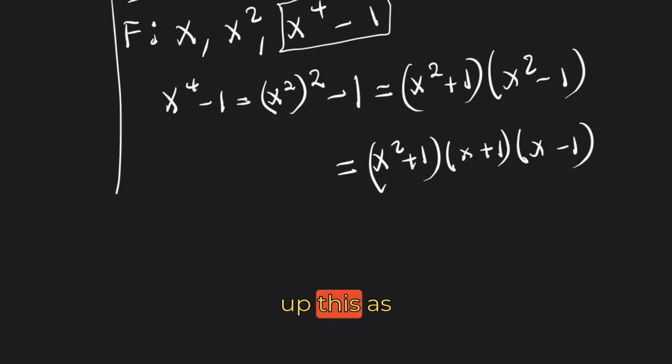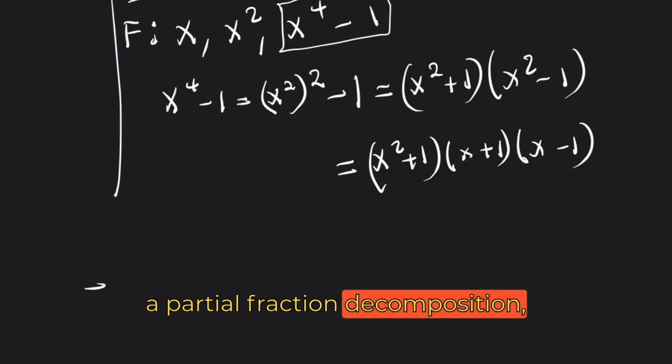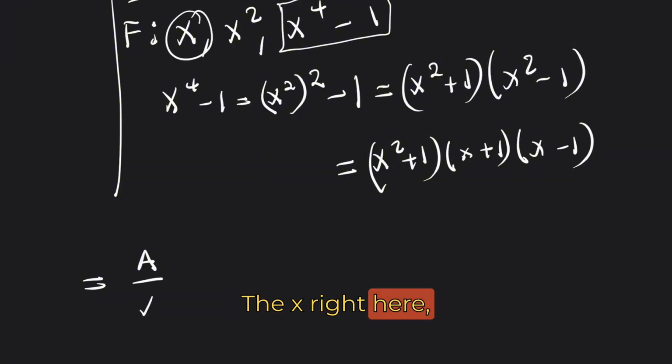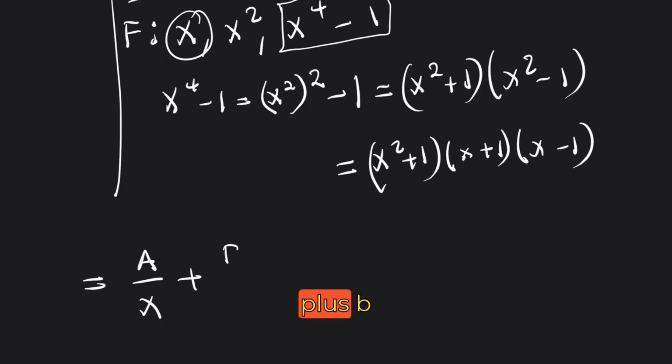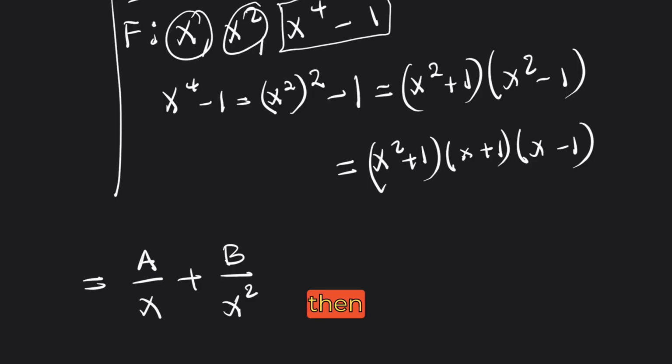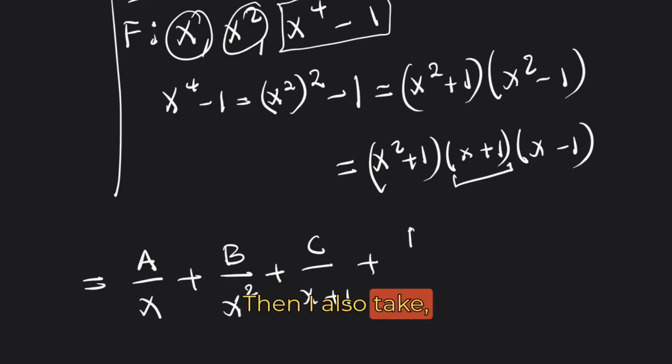So if we are setting this up as a partial fraction decomposition, we have A over the first factor x right here, then plus B over the second factor x squared, then plus C over x plus 1, then I also take D over x minus 1.